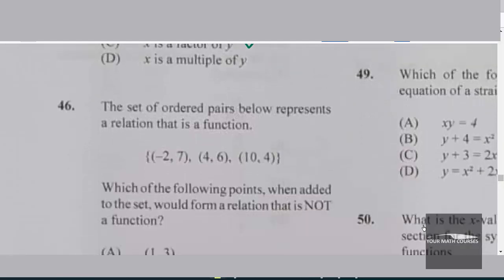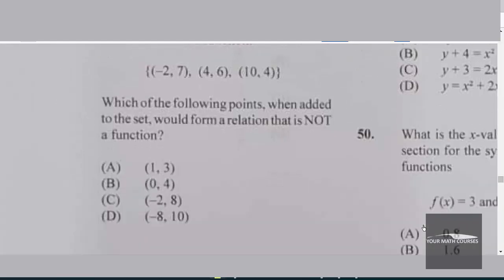The set of ordered pairs below represent a relation that is a function. Which of the following points, when added to the set, will form a relation that is not a function? So if one of the points has a first value, which is one of these values, then it means the point is going to repeat. The x value is going to repeat.